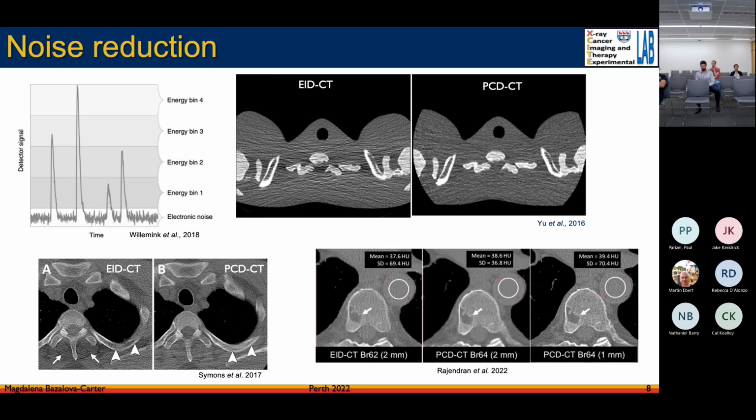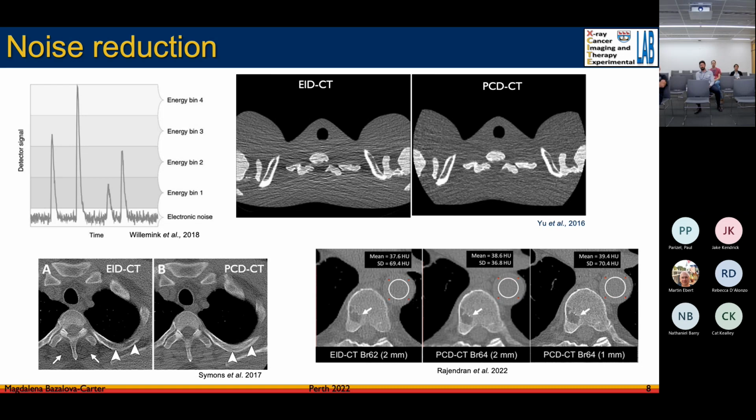And in this case, this is actually a quantitative analysis. If you focus maybe on the first two images, this is EID CT and PCT CT image of the same patients. And they did quantify the signal in the aorta. You see that for the same imaging dose, the same beam parameters, they were getting noise of about 70 Hounsfield units in the EID CT, about half of that, 37 Hounsfield units in the PCT CT.